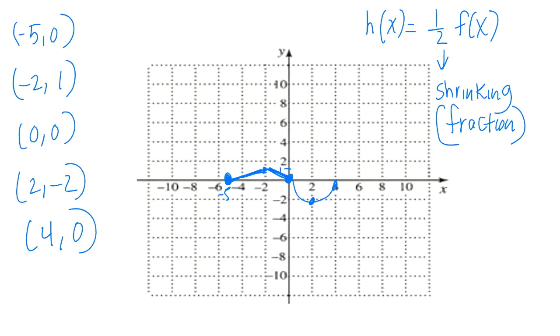So just remember that you take the point from the original graph, and if it's a whole number, you multiply by it. And your x is getting in the way, so you multiply your y's by it.